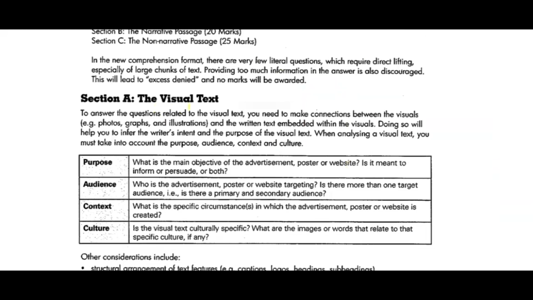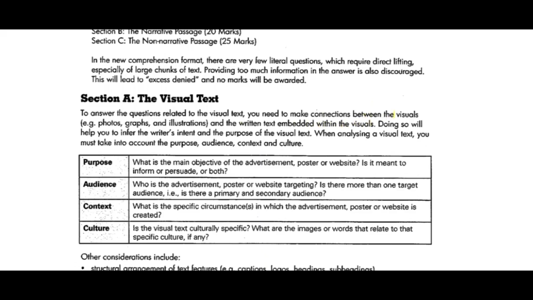So let's begin with the visual text, section A. What actually is the essence of the visual text is that you are required to make connections between the visuals and the written text within the visuals.